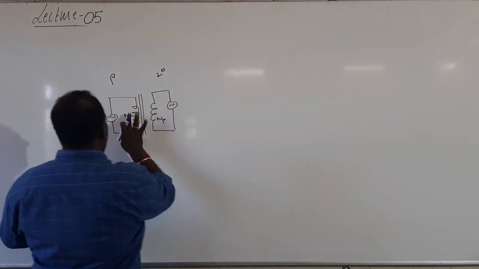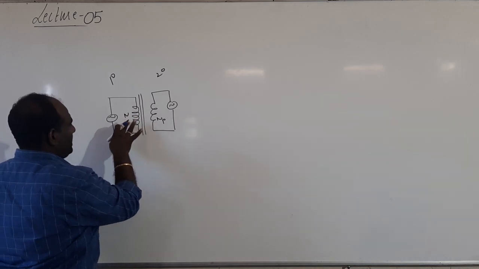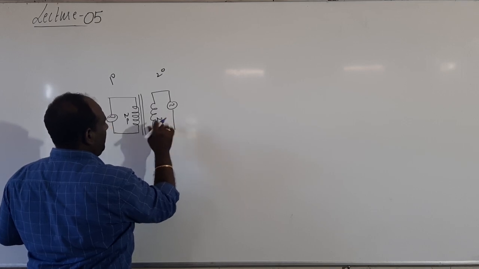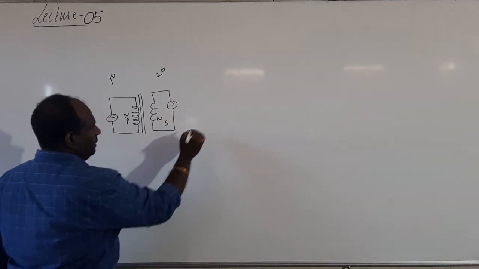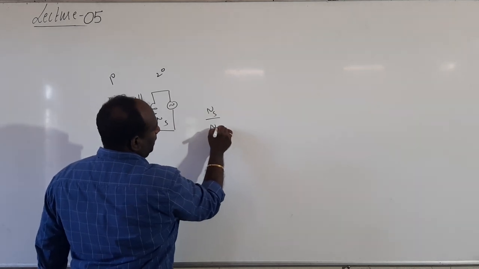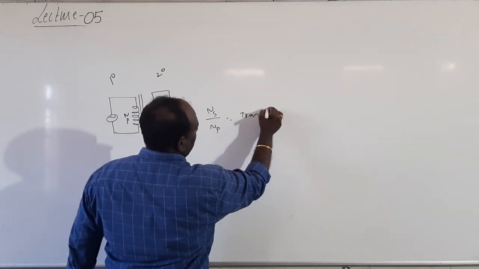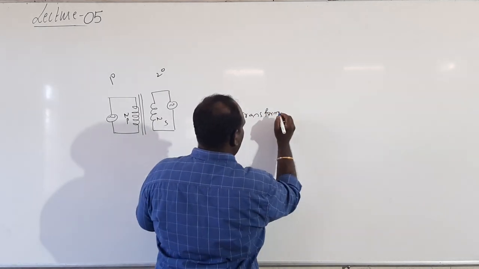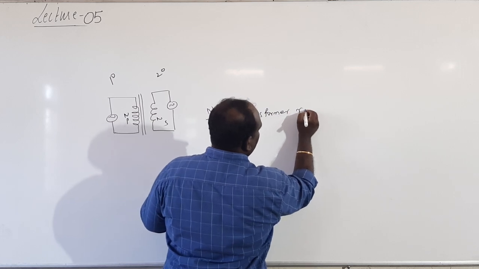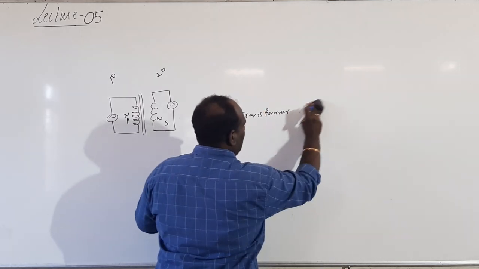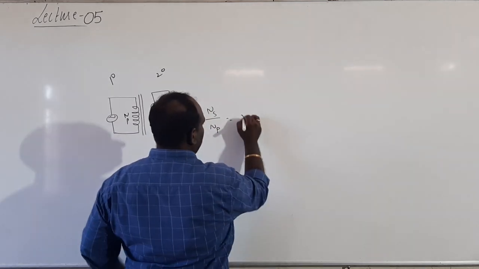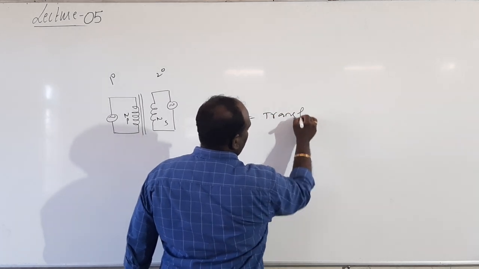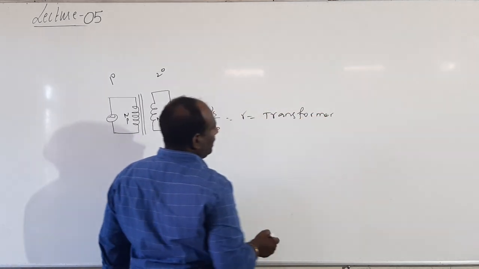Now Ns by Np is called the transformer ratio. Simply we can write R. Here R is called the transformer ratio.